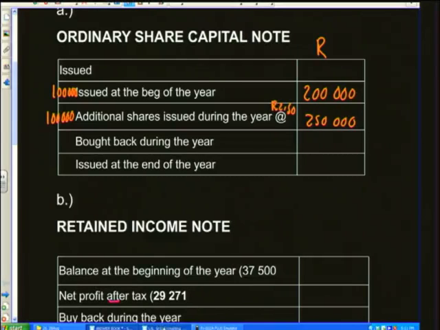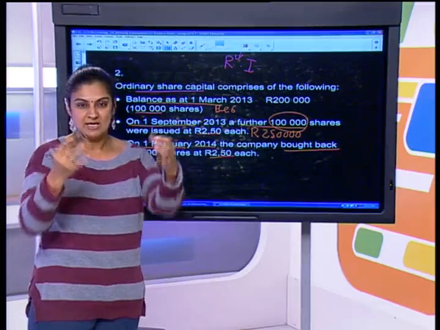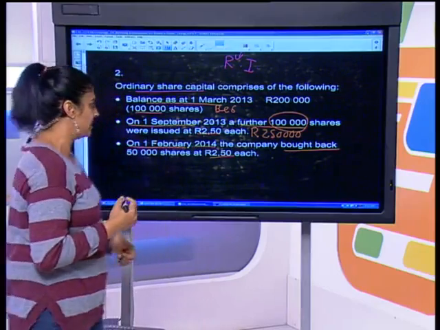Right, again, back to my adjustment. On the 1st of February 2014, the company bought back 50,000 shares at R2.50 each. So in other words, I've now come across a buyback of shares where obviously the business has now bought back additional shares from their shareholders.